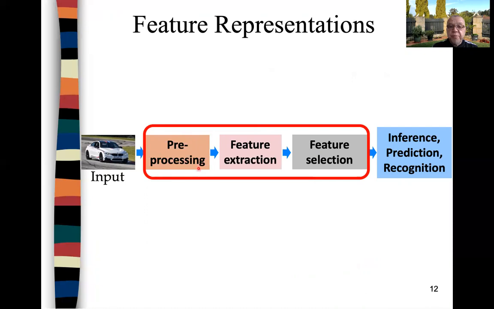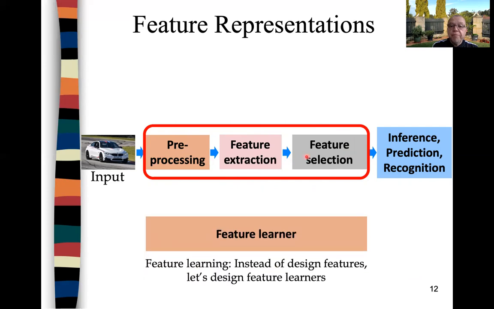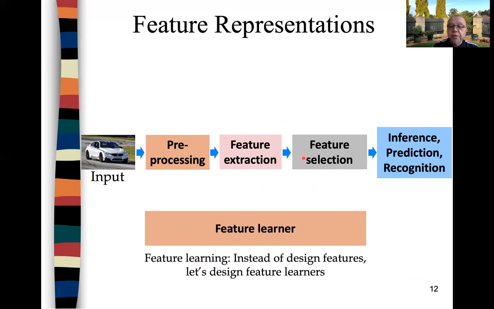So instead of pre-processing the image, extracting the features, selecting the features, and then building a classifier to tell you whether this is a car, a sports car, or an animal, instead of doing all these things step by step, meaning finding the best pre-processing approach, extracting the best features, selecting among these features the most suitable ones and so on, we would like to replace all this block here with just a feature learner, okay?